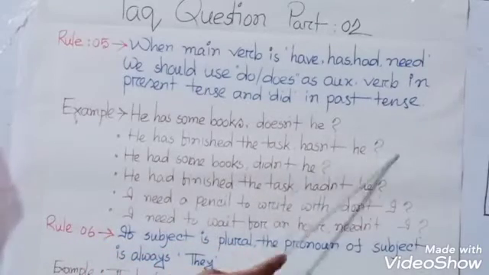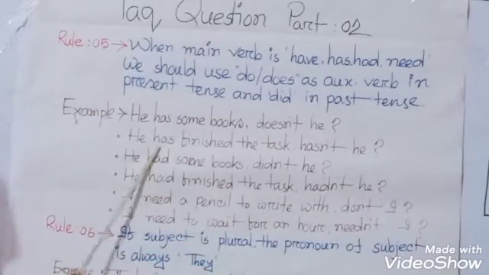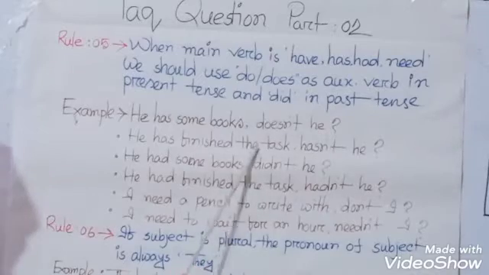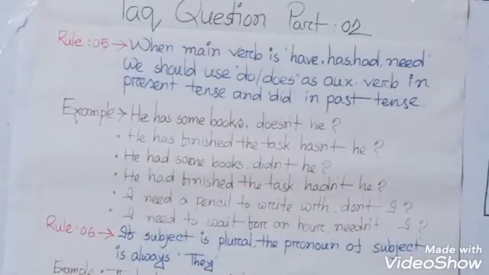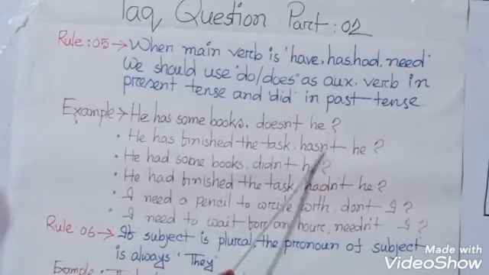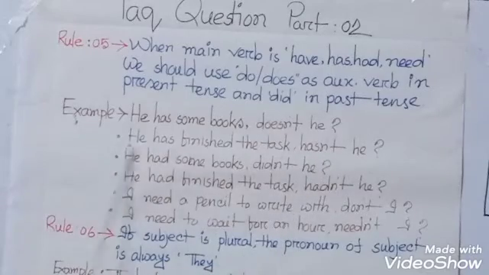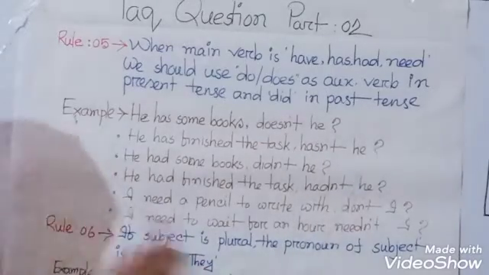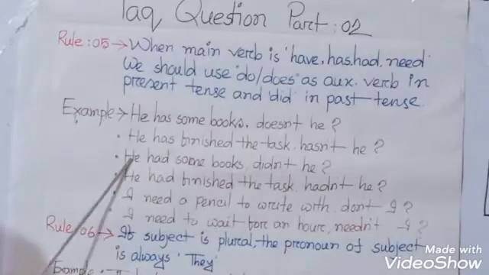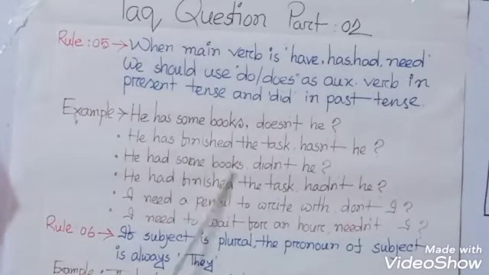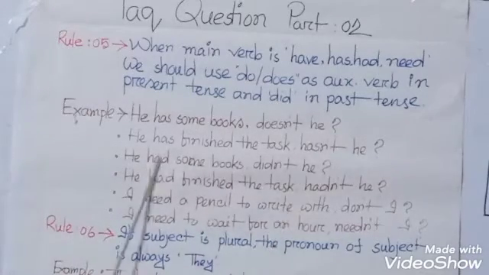Hasn't he? Has comes from here, and this is an affirmative sentence. That's why we use not, and the subject comes here. Hasn't he? Like that.